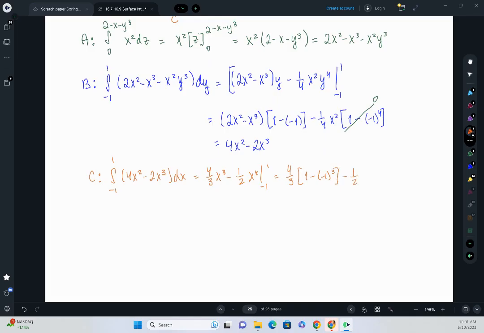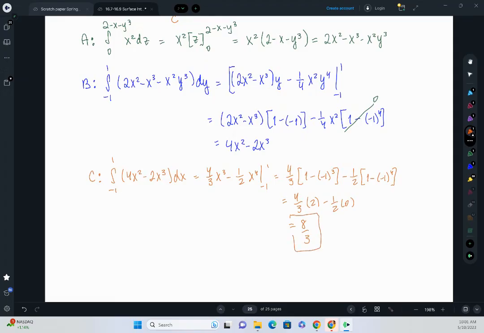And I have minus a half, and this gives me 1 minus a negative 1 to the fourth. So the negative 1 cubed is still a negative 1, times the negative on the outside gives me positive 1. So I have 4/3 times 2 minus a half times 0, which gives me 8/3. And 8/3 is my final answer.